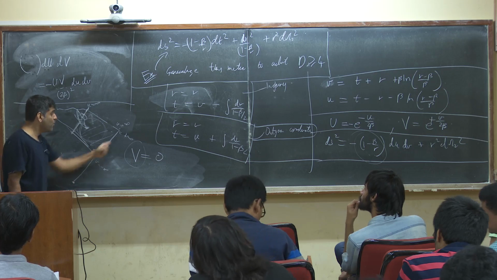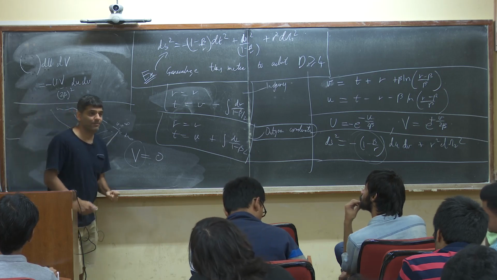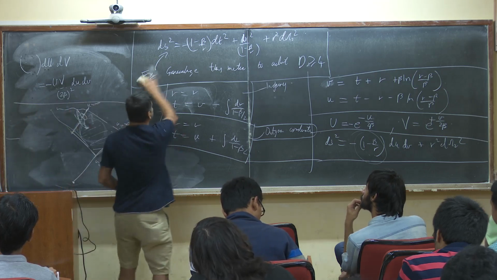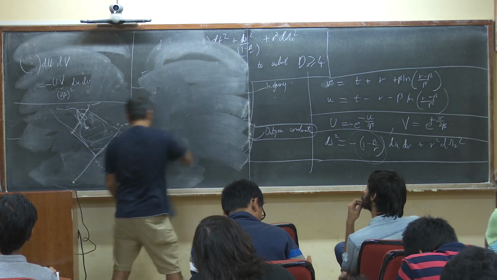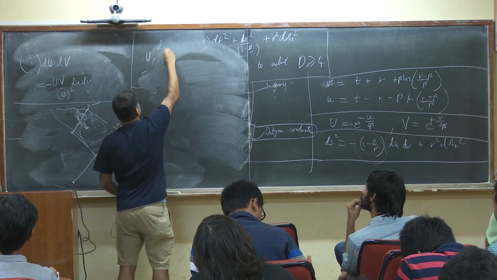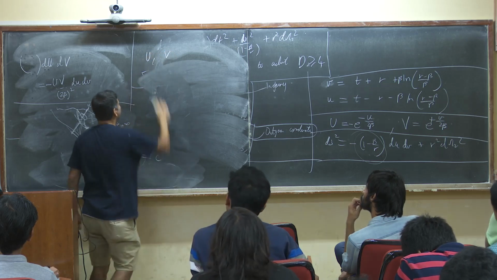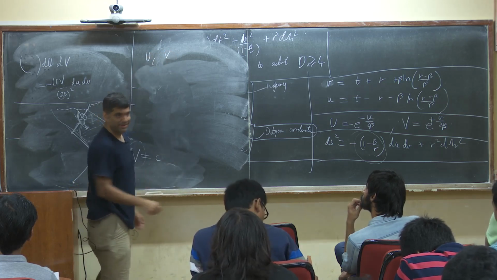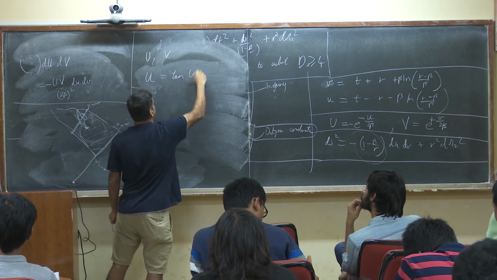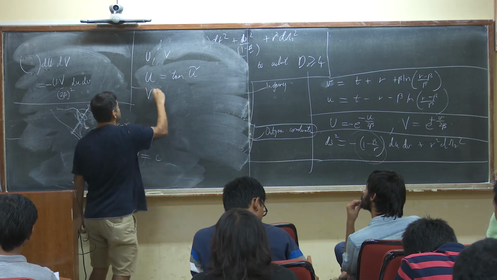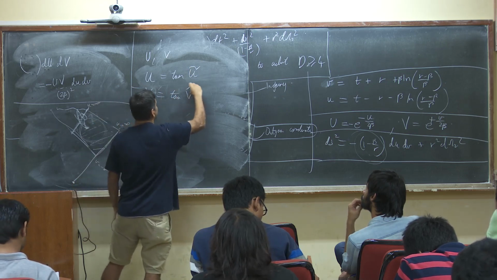So now I'm just sketching, and Suman will tell us all the details. We have this u and v coordinate. Then we'll do the same trick we did: we say u is equal to tan of u tilde and v is equal to tan of v tilde.